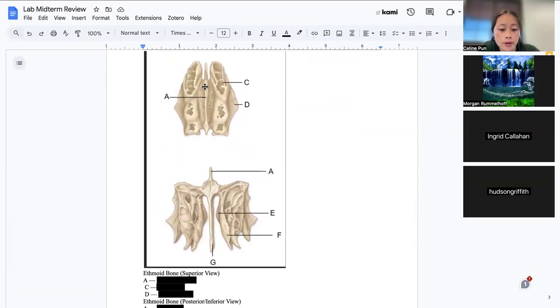Does anyone know what this part of the bone is called for A? Perpendicular plate.